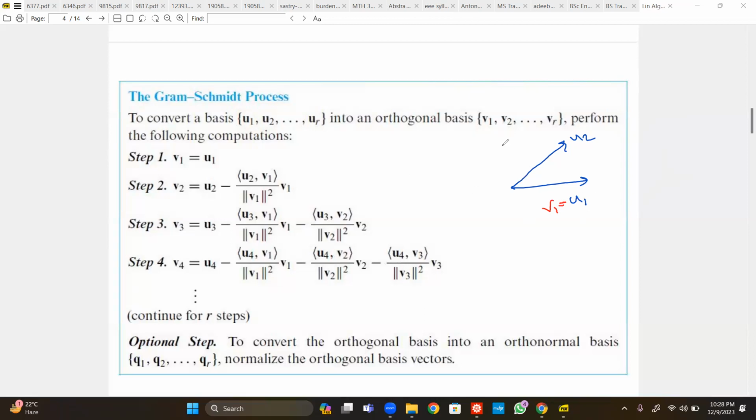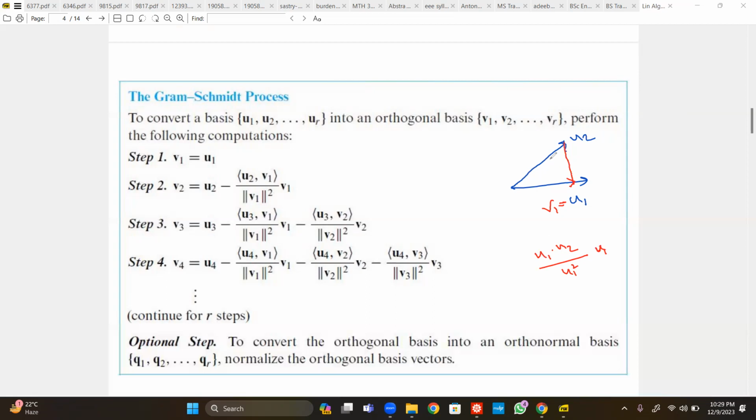And how can we do that? It's pretty simple, actually. Just find the projection of U2 on U1. Not just the projection, but at the end we need the component of U2 along U1. And what is the component of U2 along U1? It is the dot product of U1 and U2, divided by the magnitude of U1 squared, times U1.